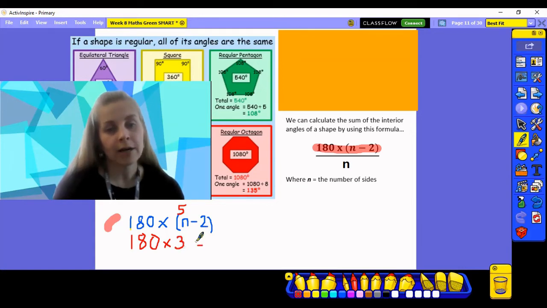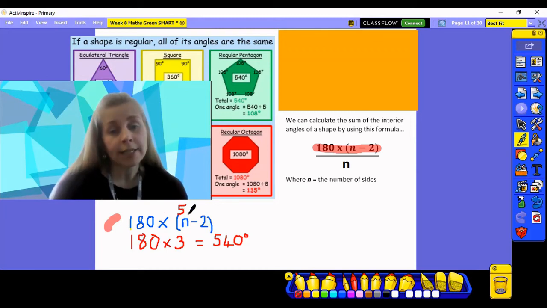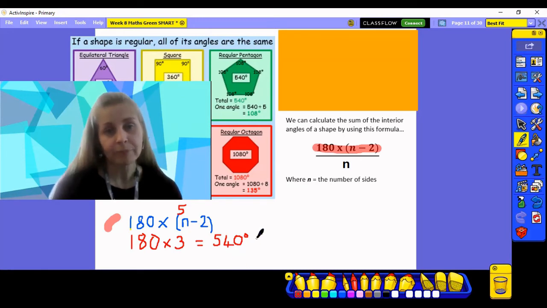That will give us the number of degrees in the total of all the interior angles of a pentagon added up together. Now I can apply this formula to any shape. If I was thinking about an 11-sided shape, I could use it to work out how many degrees in total there would be of the interior angles of that shape.